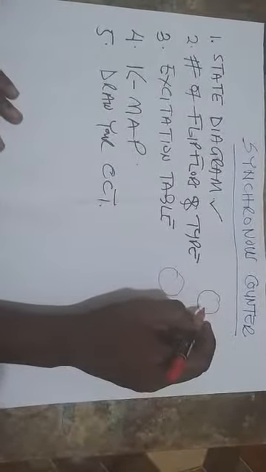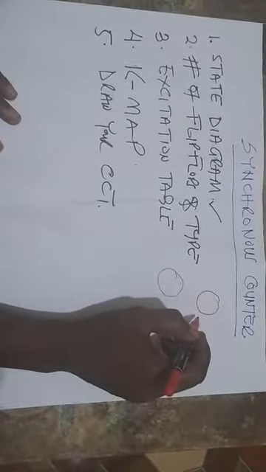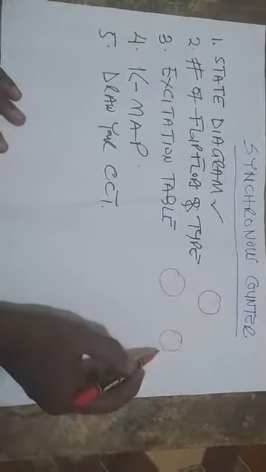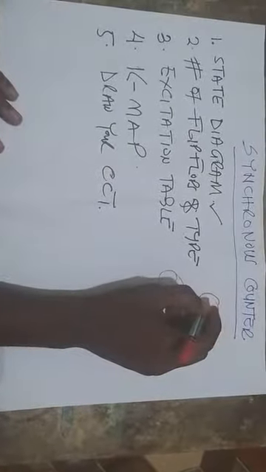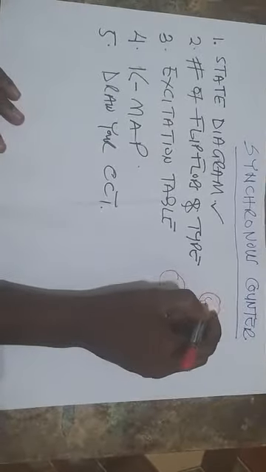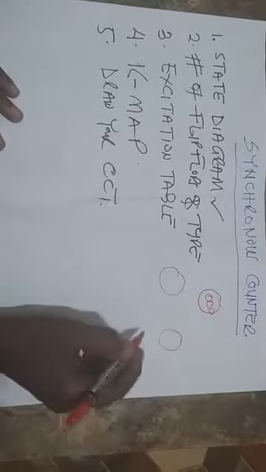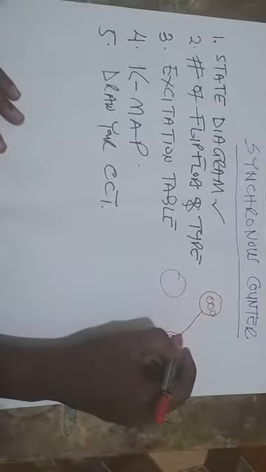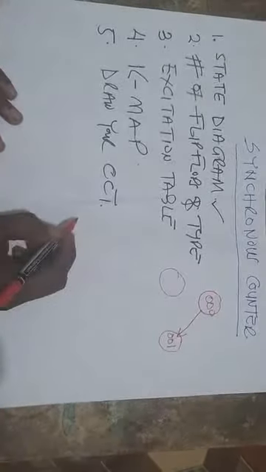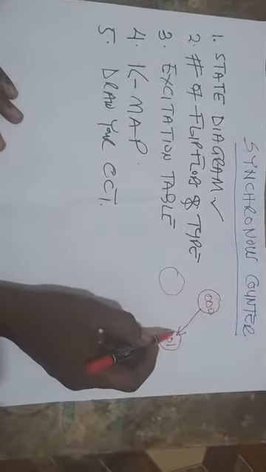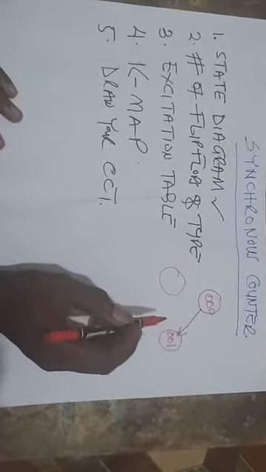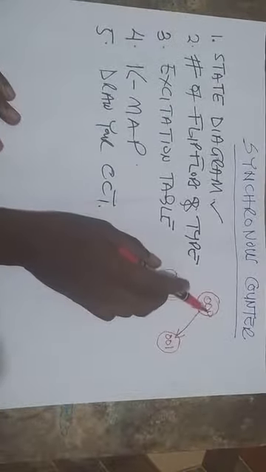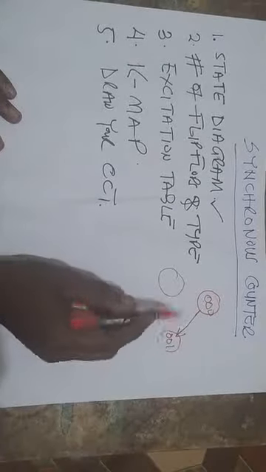Now, there is an arrow that transitions from one state to another. So let's say I'm moving from state 0, 0, 0 to state 0, 0, 1. This arrow shows me that in the state diagram, there's a transition from 0, 0, 0 to 0, 0, 1.